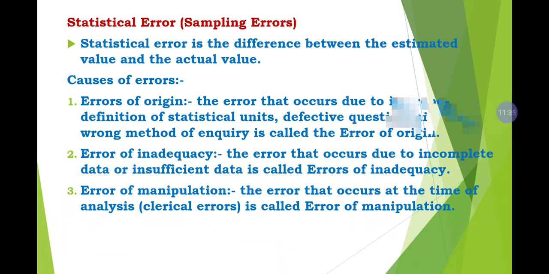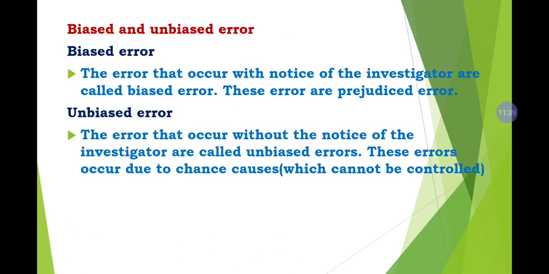Next we have biased and unbiased error. What is biased error? The error that occurs with the notice of the investigator is called biased. This is a prejudged error. The investigator knows where the error is and can prejudge that it may happen.